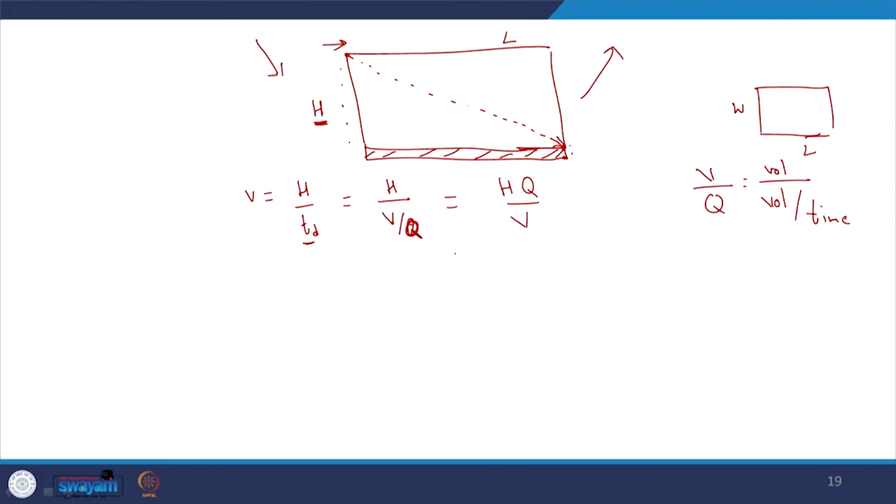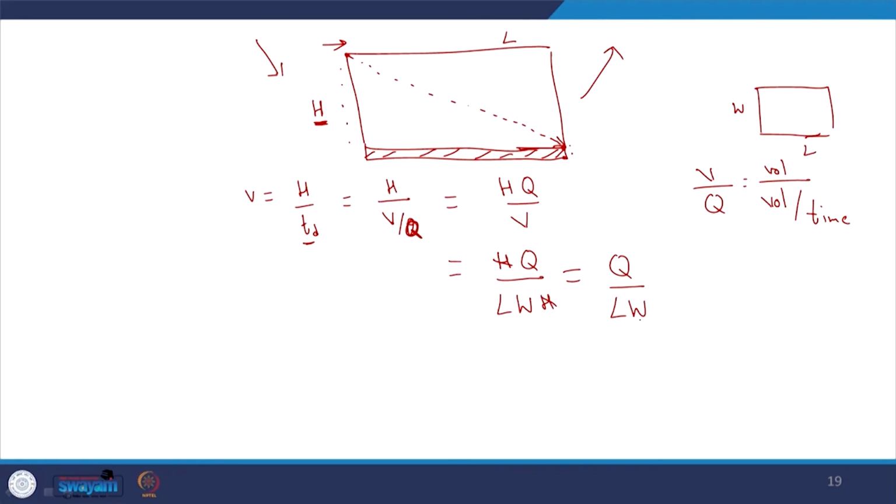And what is the volume going to be equal to? Volume is equal to length into width into height. So, what is going to cancel out? Yes, height, and we end up with Q by L W.